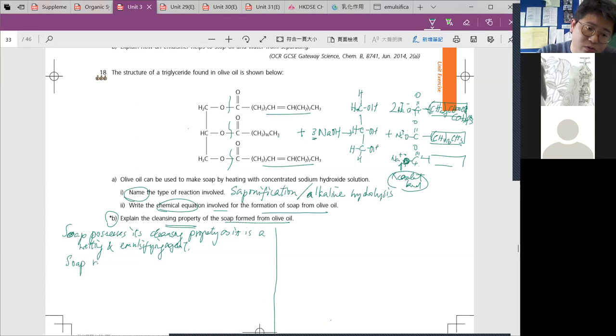Soap reduces the surface tension of water such that water can wet the surface more thoroughly.